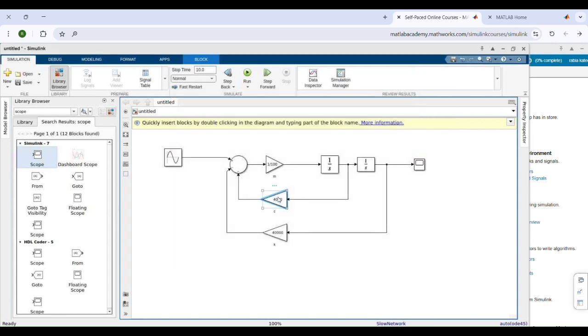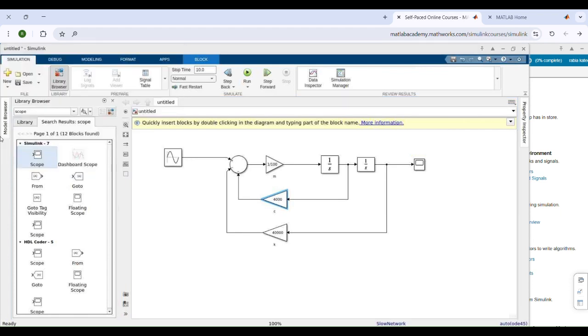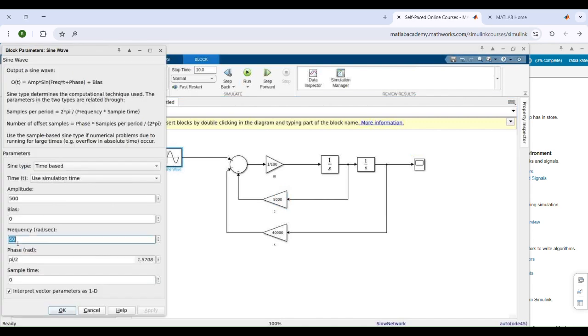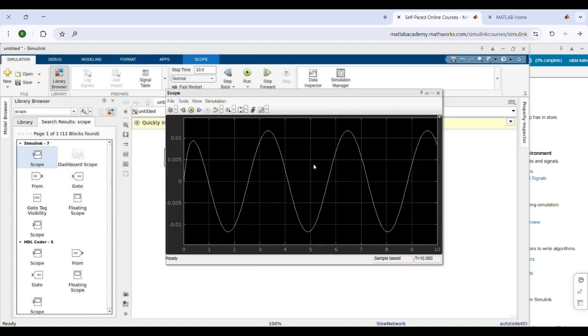What if we go to 3000? And 2 here. Let's see what will happen if we run. More organized.